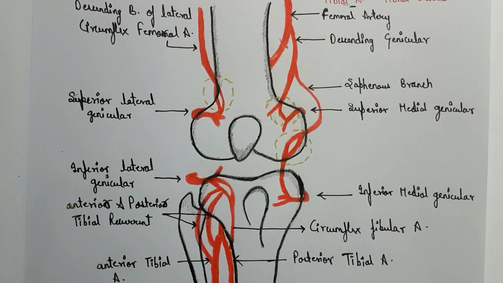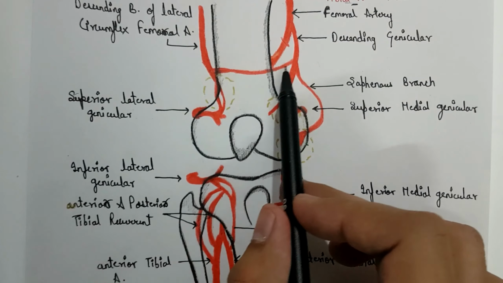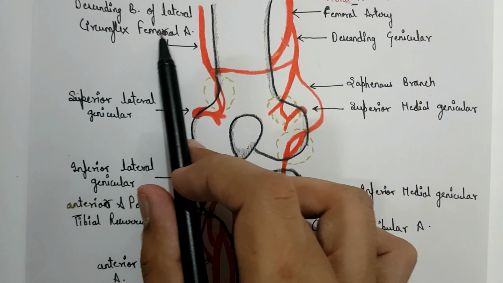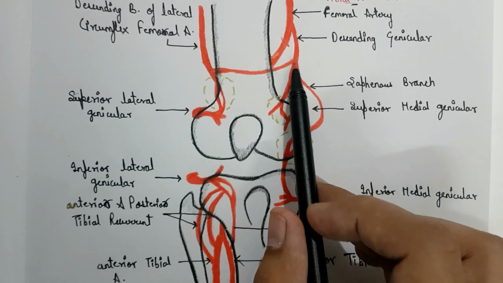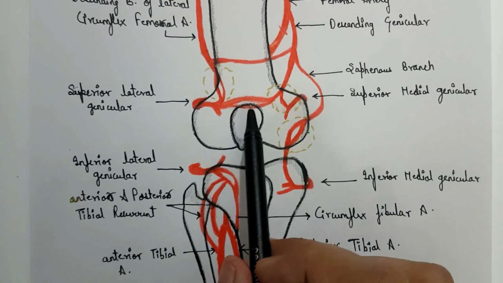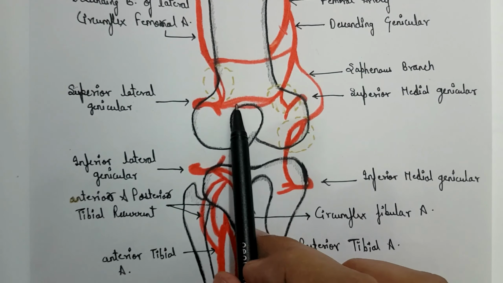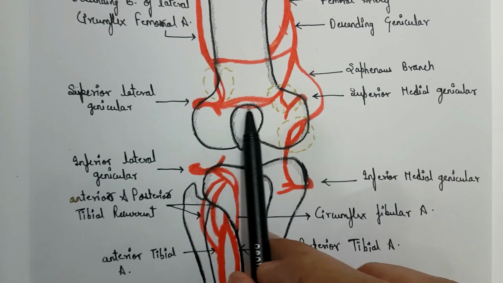Further, there are more interarterial connections, that is this one between the circumflex femoral artery and the descending genicular artery, this. The next arterial connection is between the superior lateral genicular, that is this one, and the descending genicular, this one.